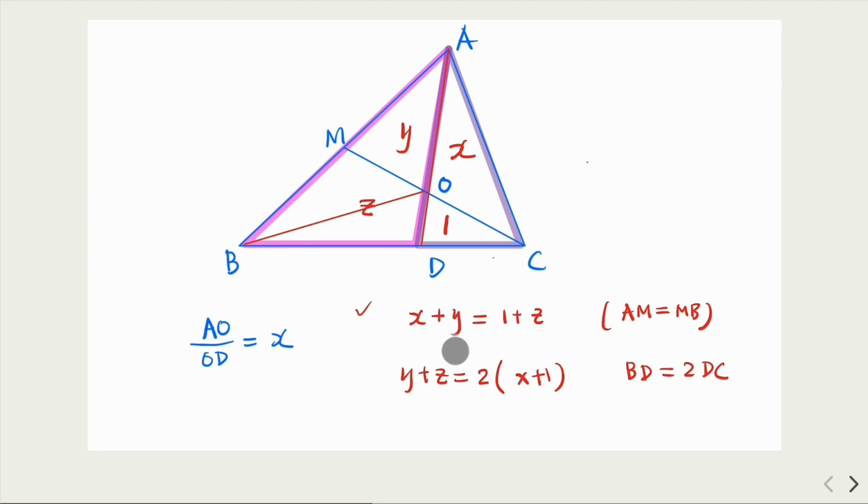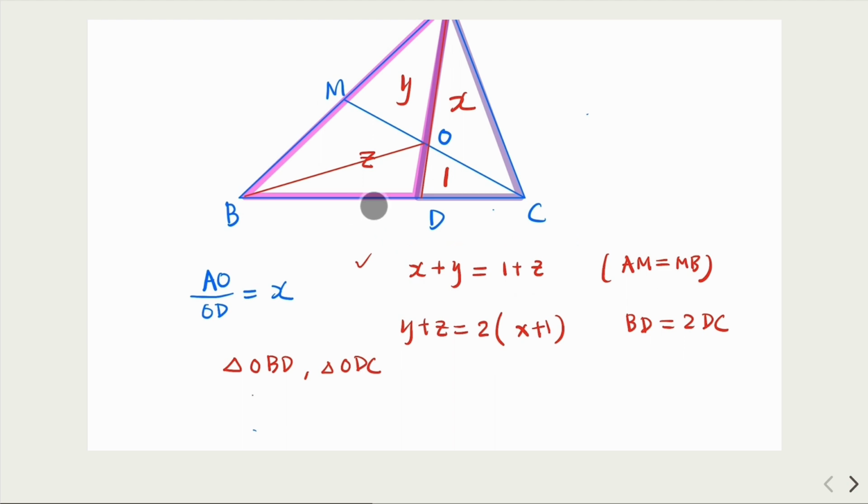Now, we need to find X. We don't really care about Y and Z. What we can do is make this connection here, BO. And notice that we use the smaller triangles OBD versus ODC here.